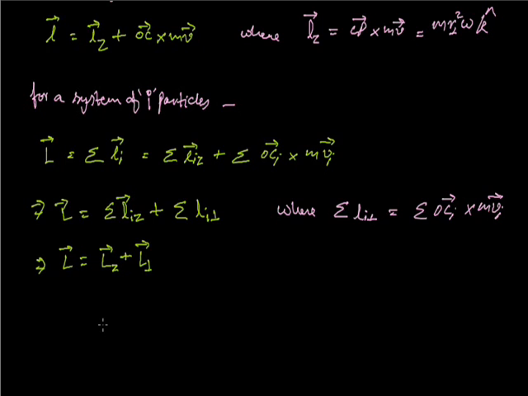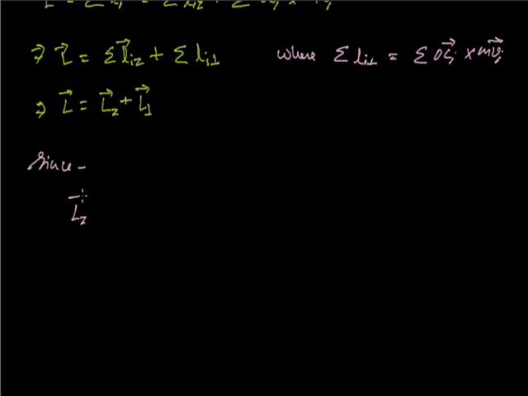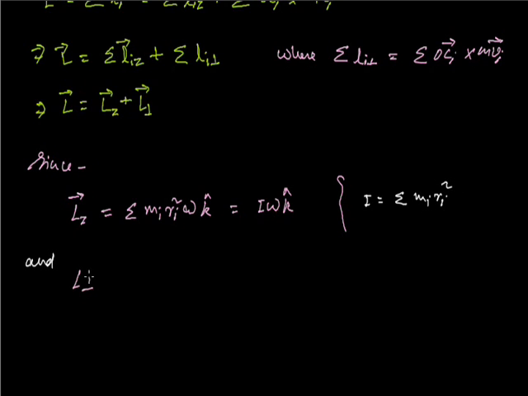As we know from the above equation, Lz equals sigma of mi Ri square omega k cap, which gives us the value I omega k cap, because I equals sigma mi Ri square, and L perpendicular equals sigma of OCi cross mi vi.